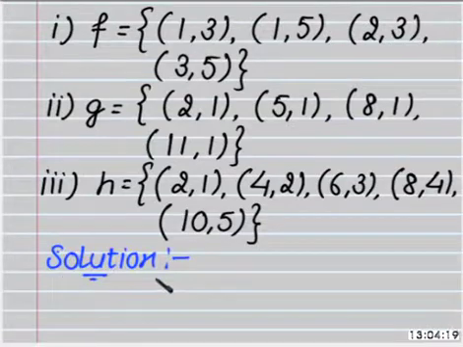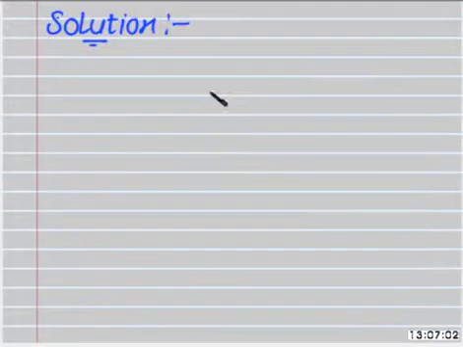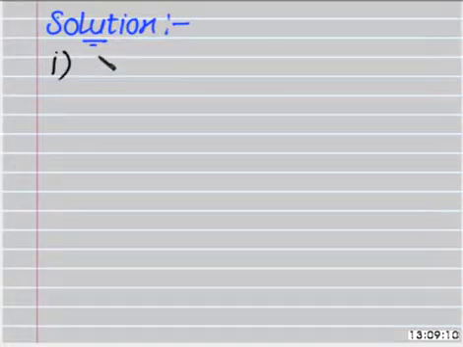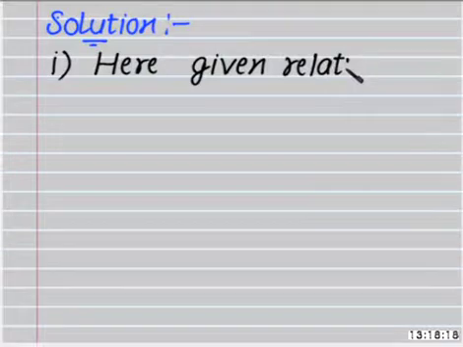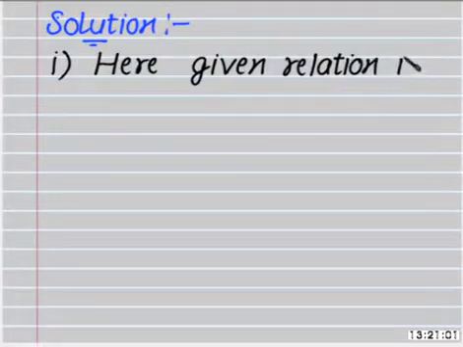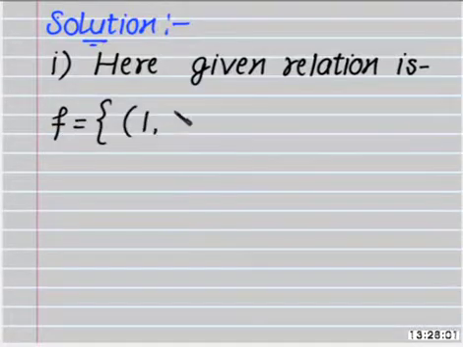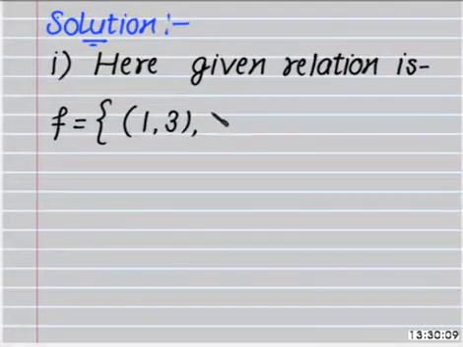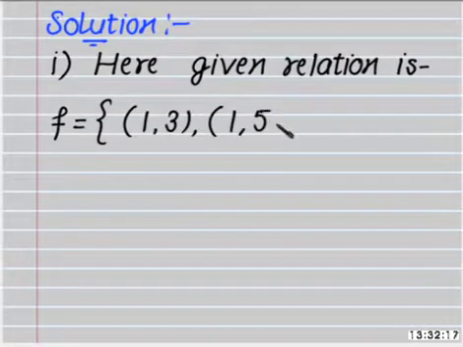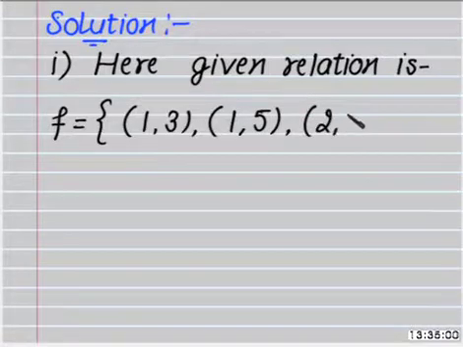Now its solution. For the first, here the given relation is f, which is the set of ordered pairs (1, 3), (1, 5), (2, 3) and (3, 5).